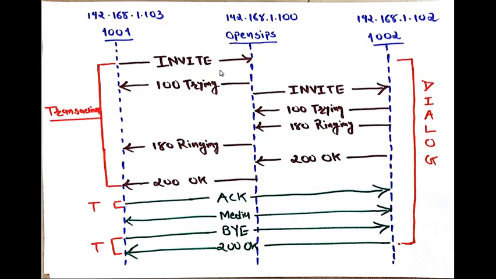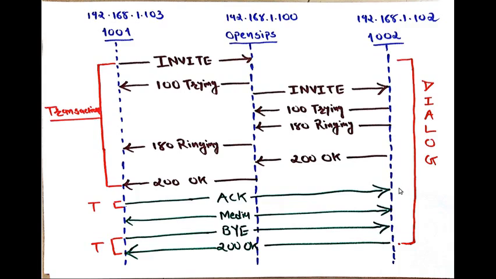That means if my invite goes through the proxy server, then all the messages have to follow the same path. My invite goes to the proxy server, now all the responses have to pass through this proxy, they can't bypass the proxy.